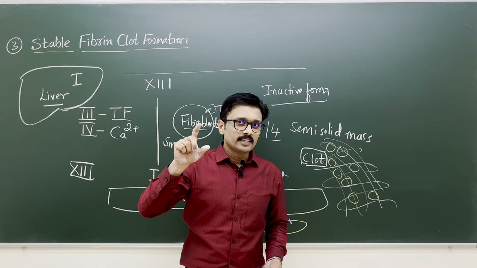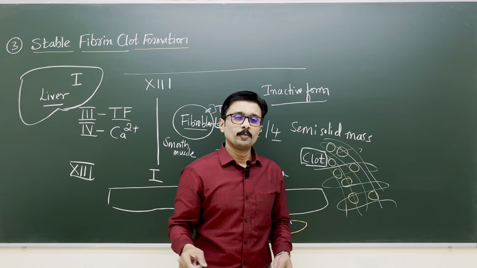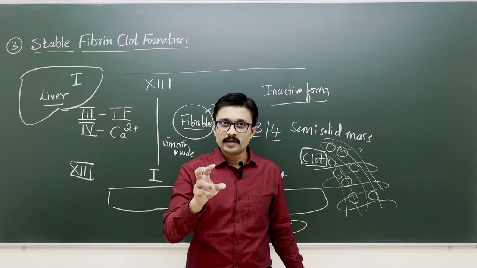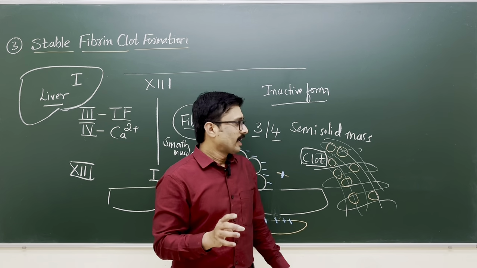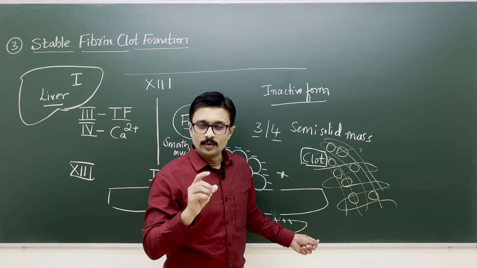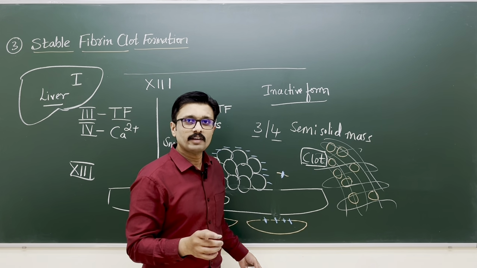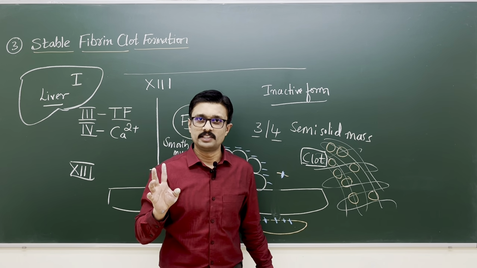So the clotting factors get activated and the clot is formed in the test tube. But within the body, in circulation, the clotting factors are kept inactive and there is no formation of clot in a healthy person without any damage to the vessel wall. Only when there is damage to the vessel wall, the clotting factors will get activated.